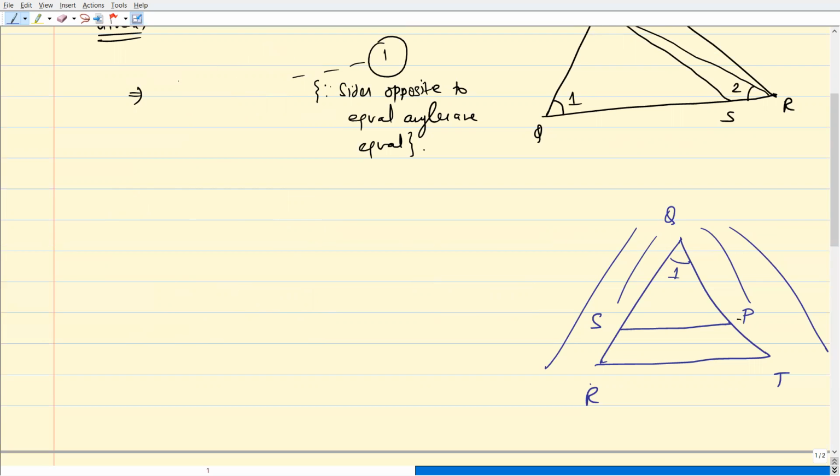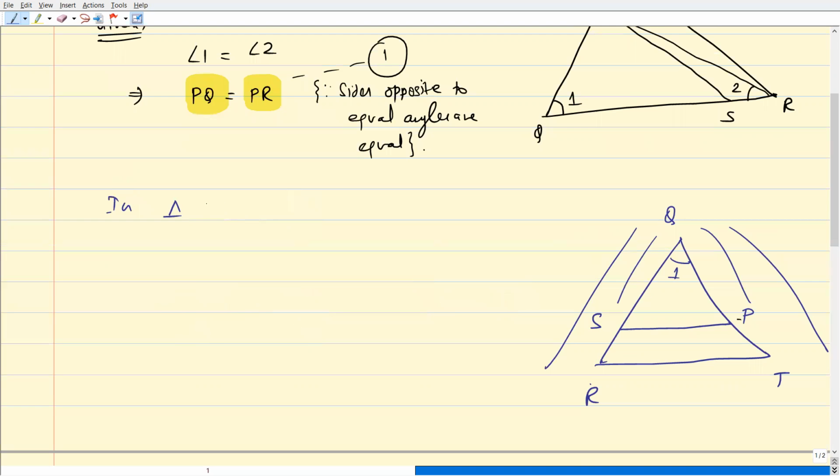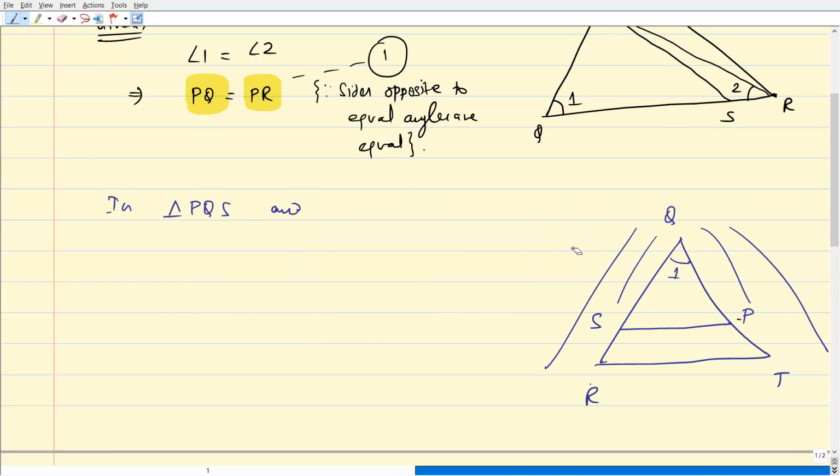Or no, we need this one. We need PQ is equal to PR. Yeah. So write it in triangle. Let's use the same names, PQS and TQR.